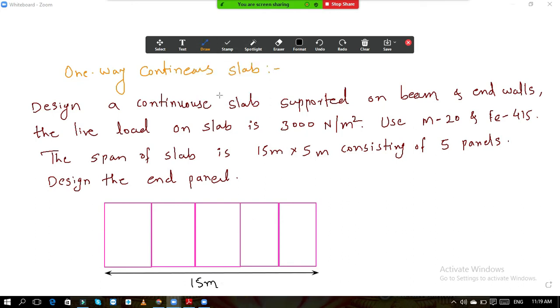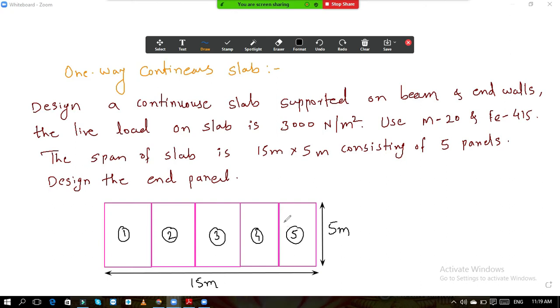And then 5 meter is this length. Now how many panels are there? 1, 2, 3, 4, 5. These 5 are the panels. So all these are the slabs.